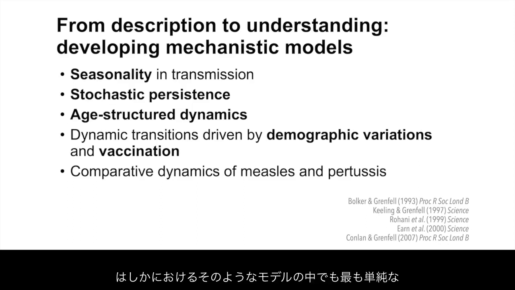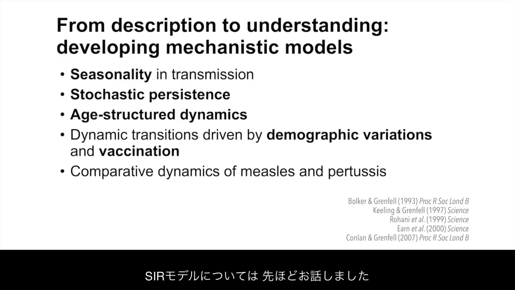I've already talked about the simplest of these models, the SIR model in measles. We made a lot of progress on this following my move to the University of Cambridge and digitization of the detailed data sets. I won't go through this in detail, but here are some of the mechanisms that I and my research group have shown to affect patterns of disease across space and time.